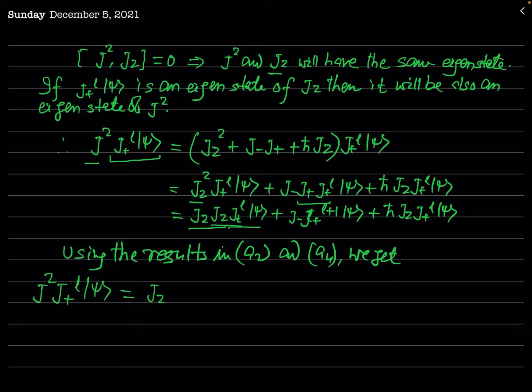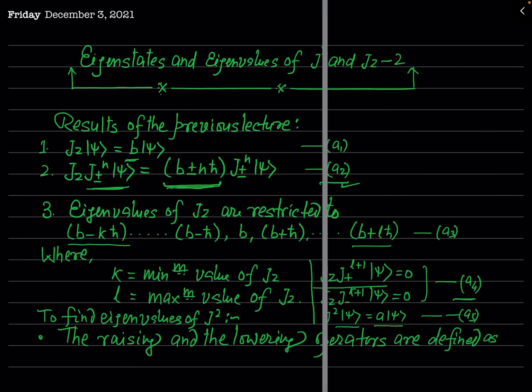On the basis of equation A2, you can write this as B plus LH cross J plus L ket psi. Here we have made use of equation A2, and plus, now see, J plus L plus 1 ket psi. You can see here this result is actually equal to 0.